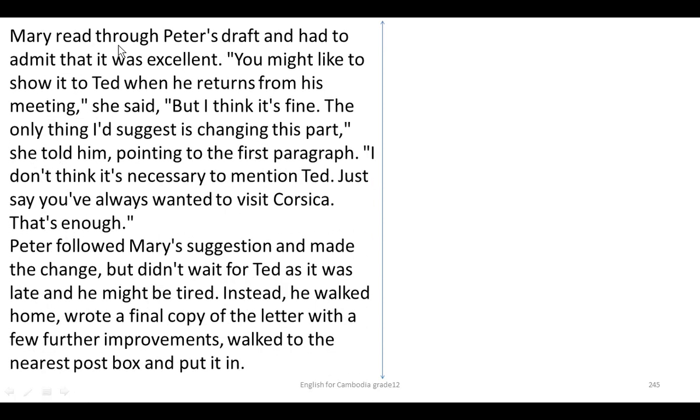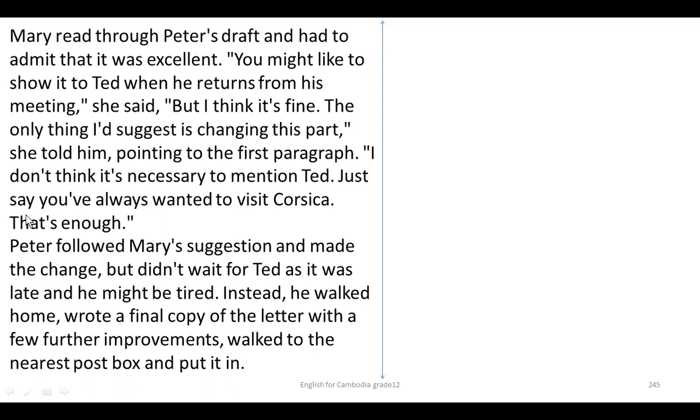Mary read through Peter's draft and had to admit that it was excellent. You might like to show it to Ted when he returned from his meeting, she said, but I think it's fine. The only thing I'd suggest is changing this part. She told him, pointing to the first paragraph, I don't think it's necessary to mention that.